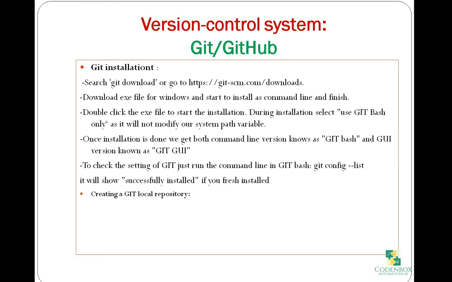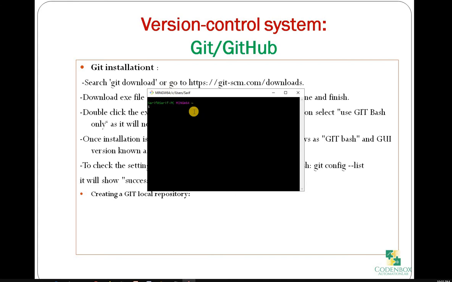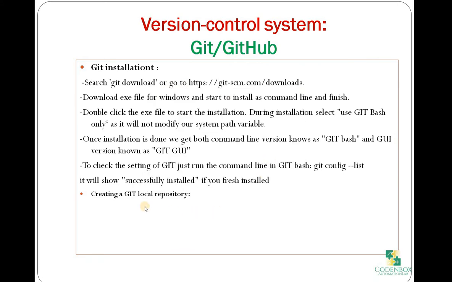If you click on open, a window will come up. It's like a command prompt, but a little bit different, though exactly similar. It's a command prompt, so we can do all the commands and all the activities through this Git Bash window.